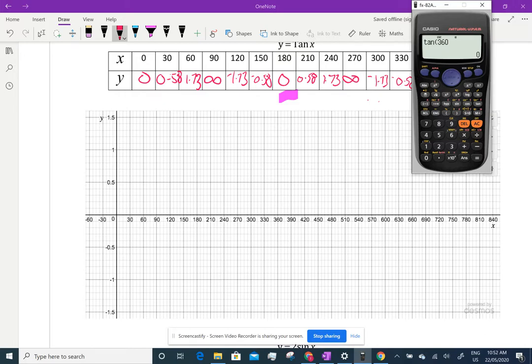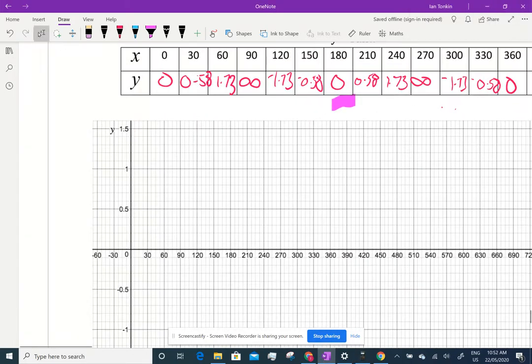So now if I plot them, so what have I got? I've got 0. I've got 0.58. So for 30, so about there. 60, I've got 1.73. Well, it's sort of off the chart. And then I've got this infinity symbol, or undefined.